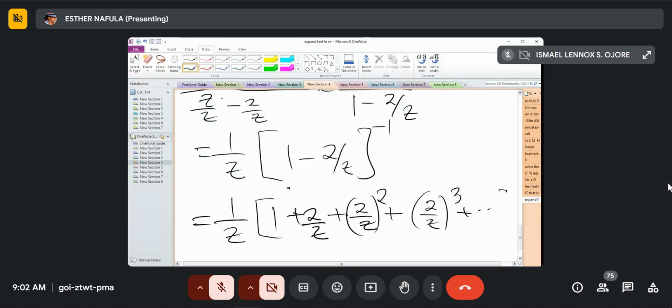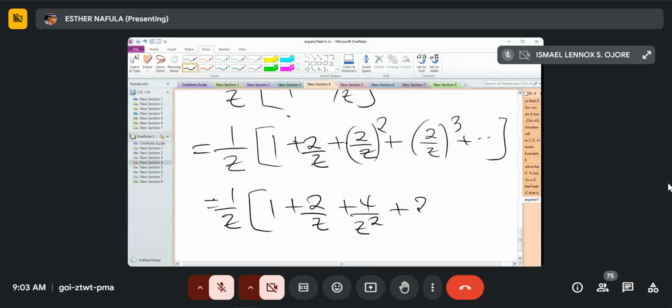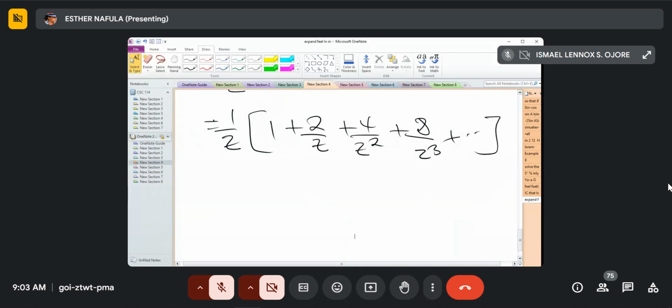You can stop there. You could go an extra step and say this is 1 over z into 1 plus 2 over z plus 2 squared is 4 over z squared plus 2 cubed is 8 over z cubed, and so on, which is the required Laurent series.